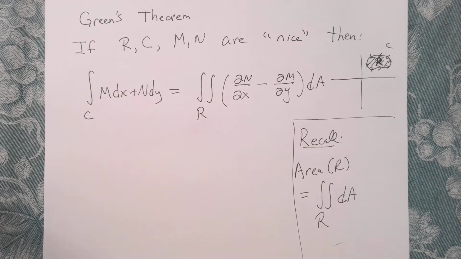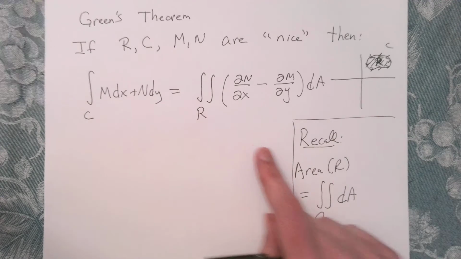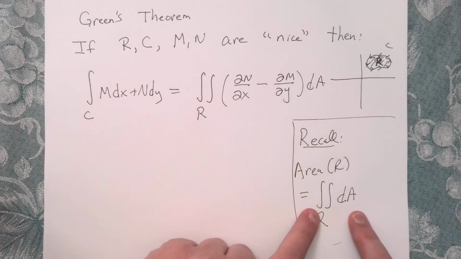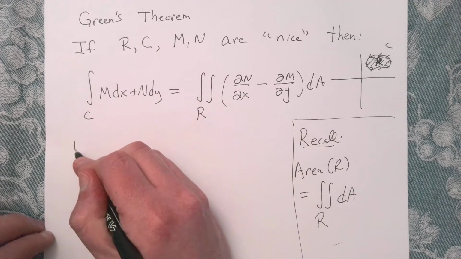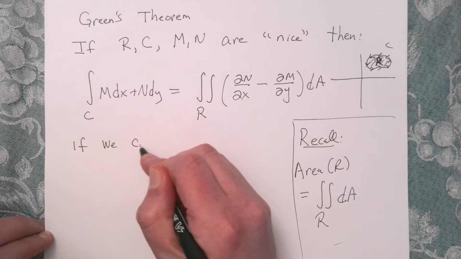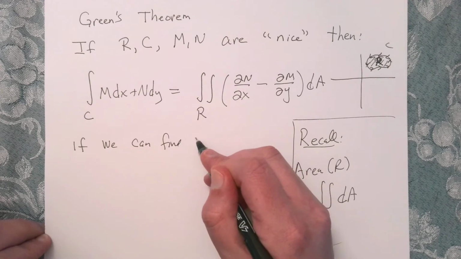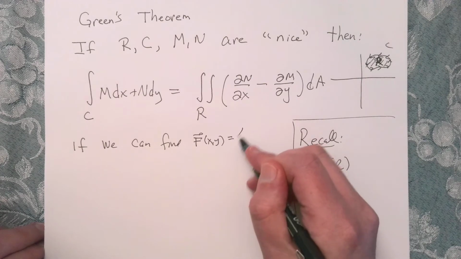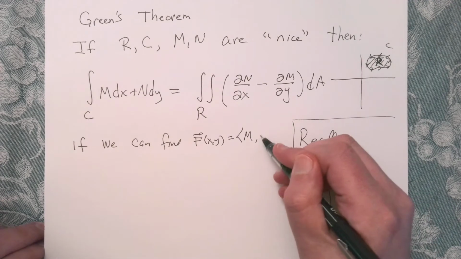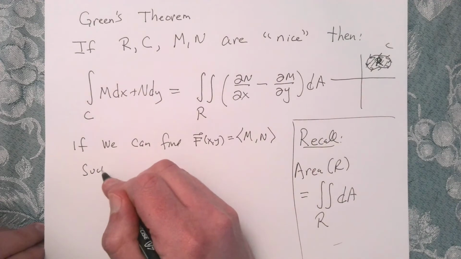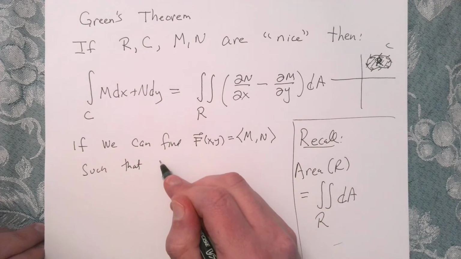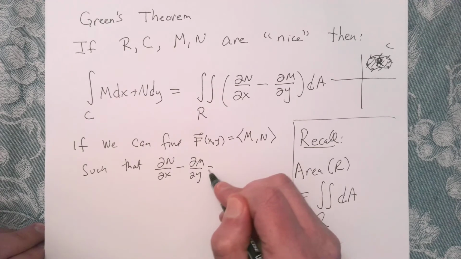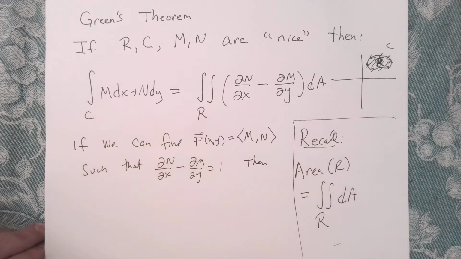So the idea is the following. If I can find a vector field so that this difference is 1, then this will actually be this. So let's note that. If we can find a vector field, f of x, y equals m of x, y, n of x, y, such that the partial of n with respect to x minus the partial of m with respect to y equals 1, then we have the following.